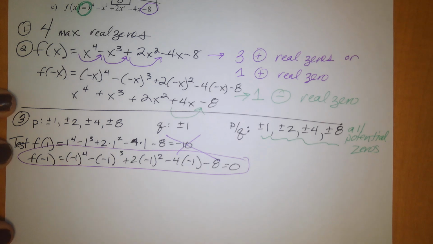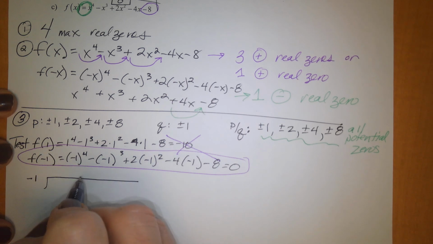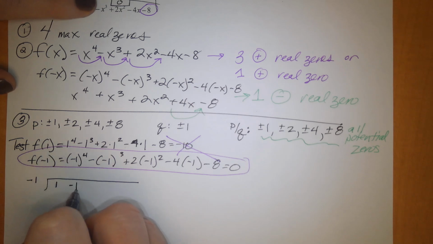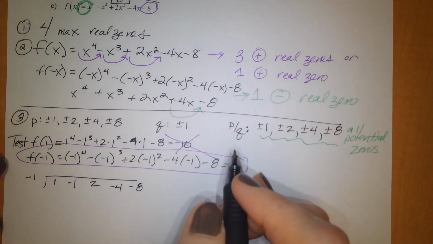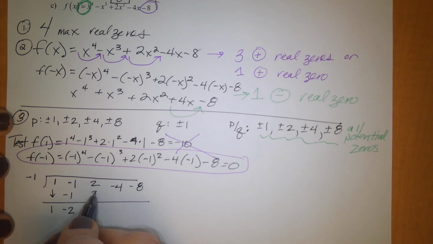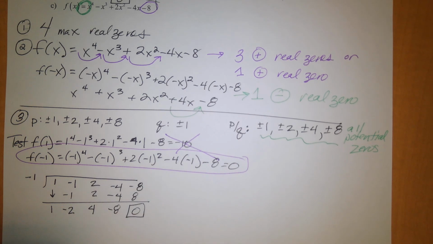I'm going to go ahead and do the synthetic division because I do think it's more expeditious. So we're going to take that negative 1 and we're going to divide it out from this polynomial. We'll just write the coefficients: 1, negative 1, 2, negative 4, and negative 8. So we bring down the first term, and then we multiply. Add, multiply, add, multiply, add, multiply, add, and there's my remainder.